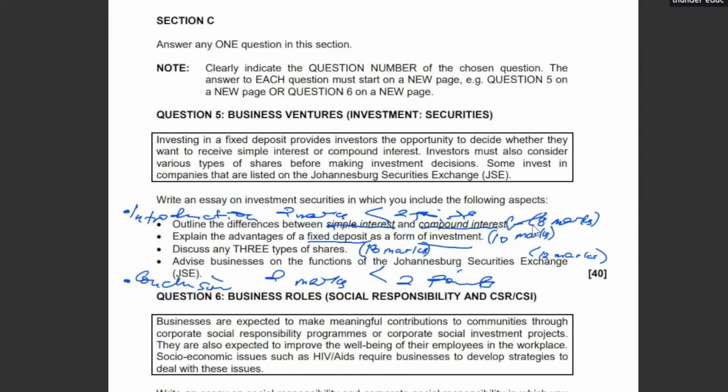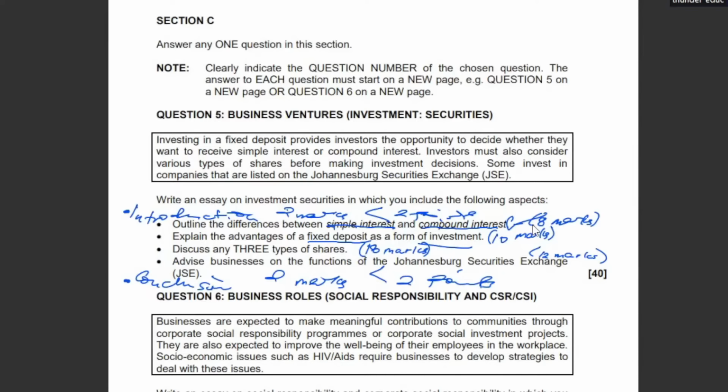So now, the last but not the least point under our conclusion, we can say that a better understanding of different types of shares may enable investors to choose the best type of investment.